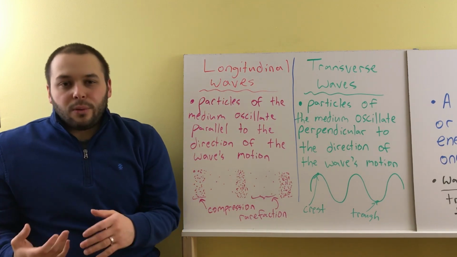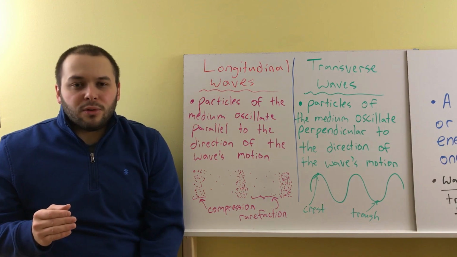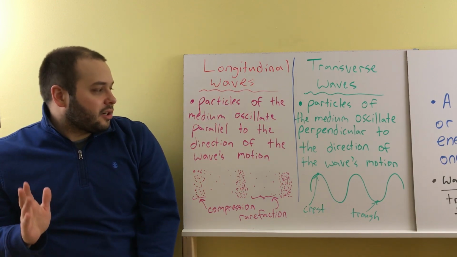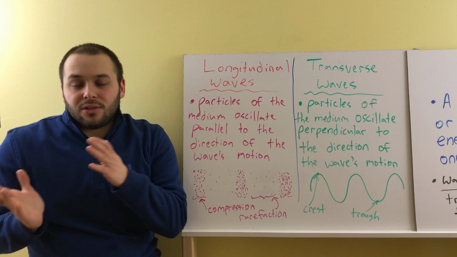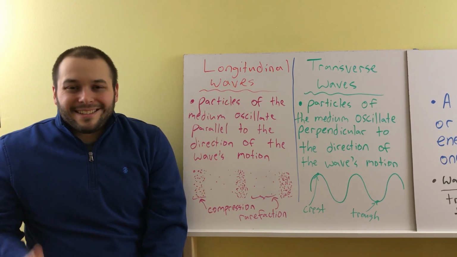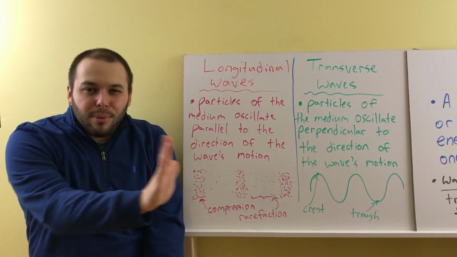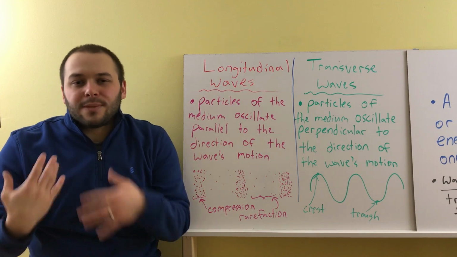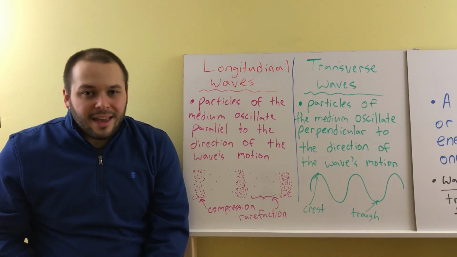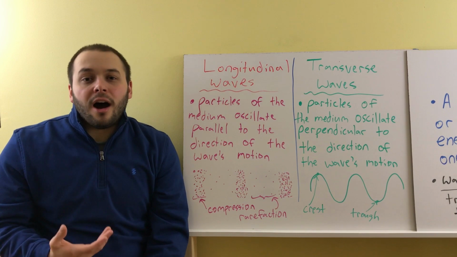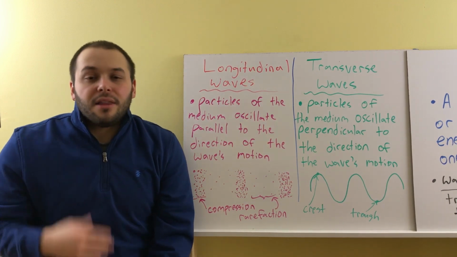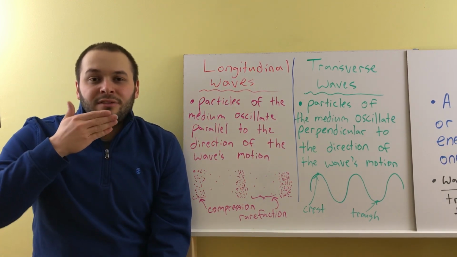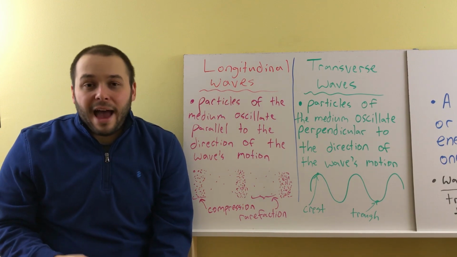Now, a longitudinal wave is a wave in which particles move parallel to the direction of the wave's travel. Meaning, if you think about something being pushed back and forth, that's what we would consider a longitudinal wave. An example of this is when I talk, I create sound. The way in which I create sound is I actually vibrate air molecules back and forth.